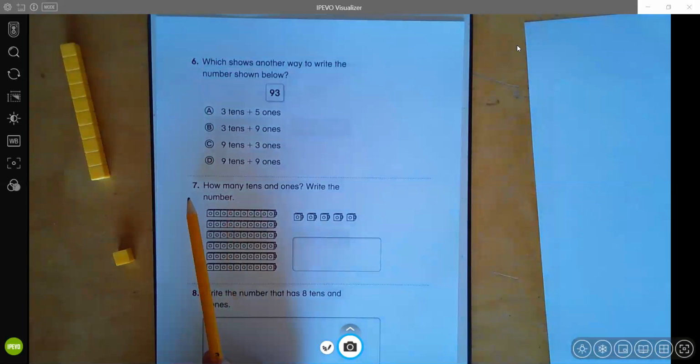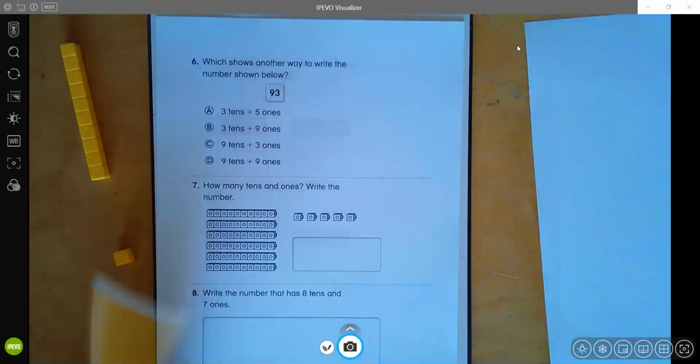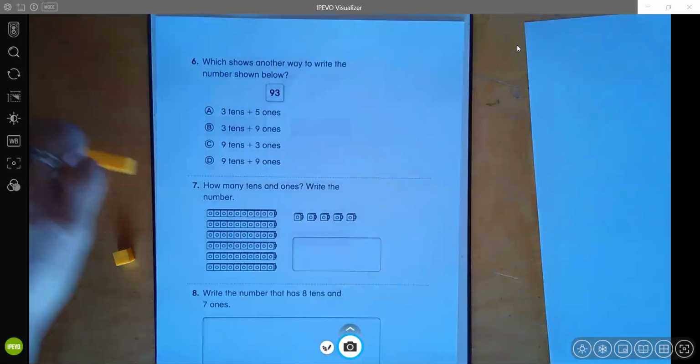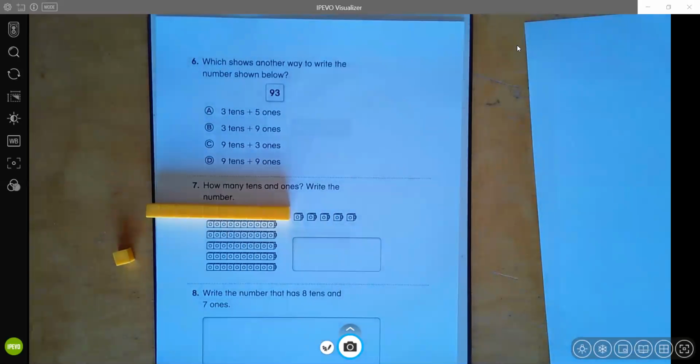Number 7. How many tens and ones? Write the number. So your job is to count how many tens and ones are here, and then you just need to write the number in the box. So because there's a picture there, I'm going to go ahead and represent this for you with my tens.